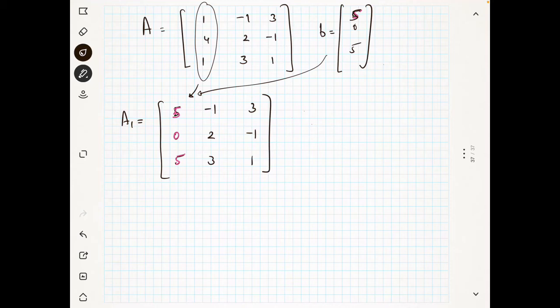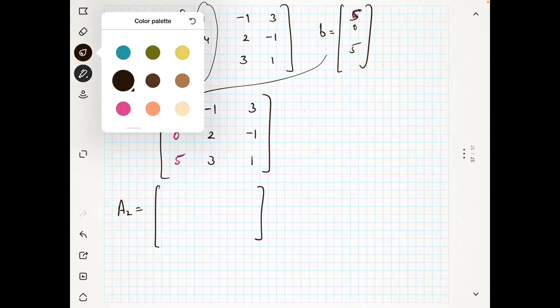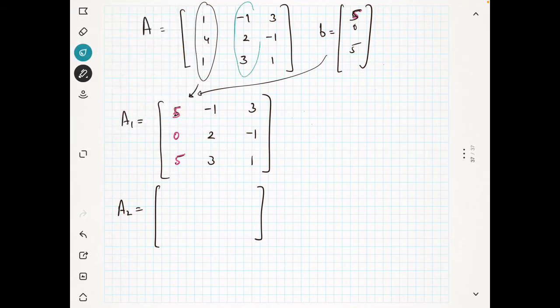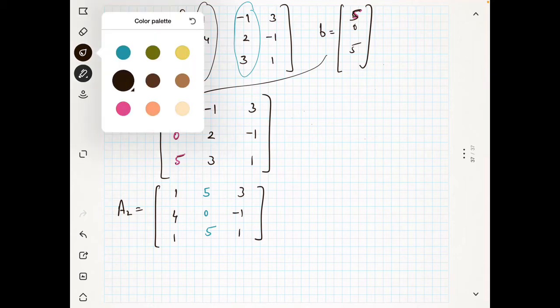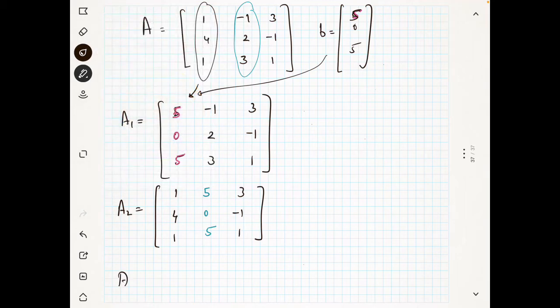Is it clear? Yes. Now what is A2? For finding A2, you can see that this column I will replace with 5, 0 and 5, and the remaining will be same: 1, 4, 1, and this is 3, minus 1 and 1. Next we will see what is A3.